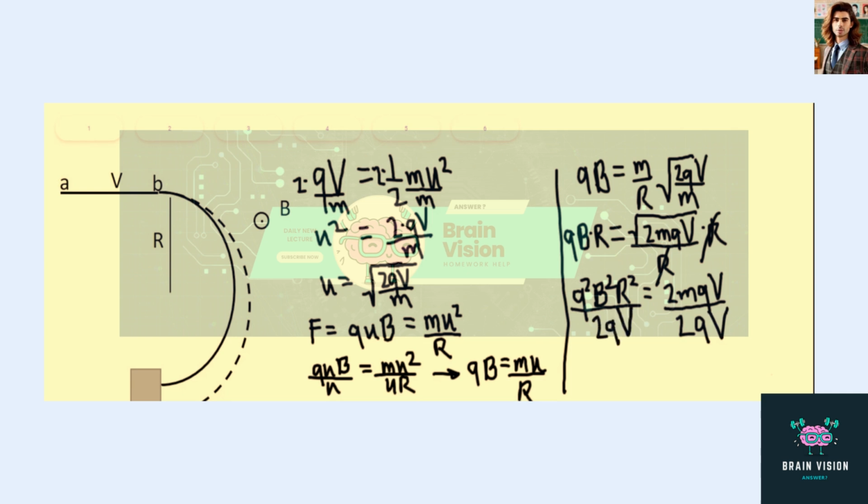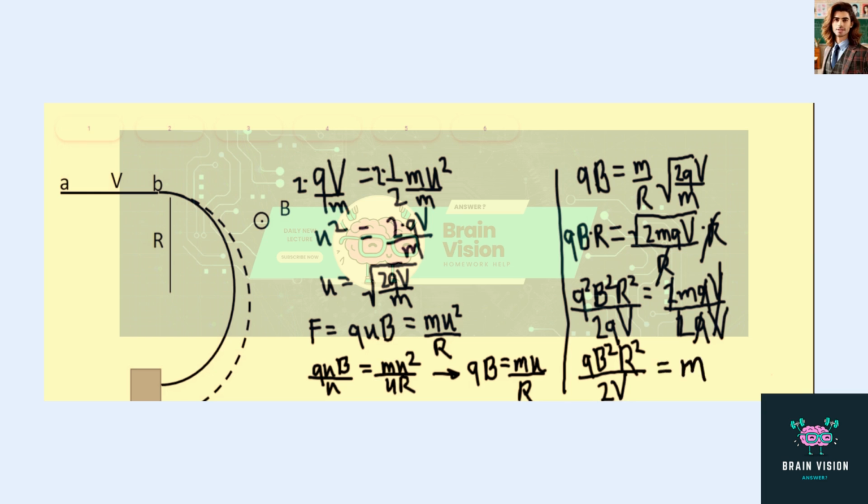And this will allow us to get the formula for the mass that we want. And so we have here q times B squared times r squared over 2V is equal to m. And this is the formula that we want.